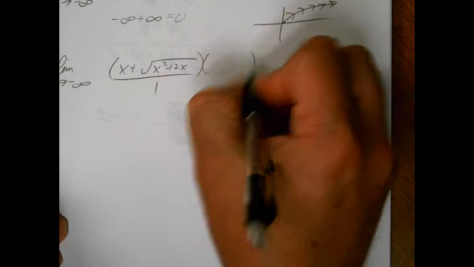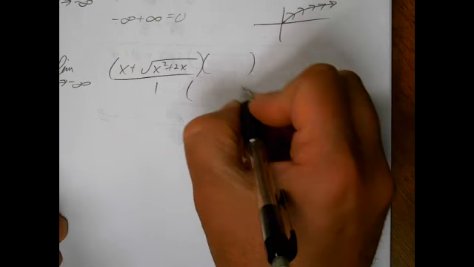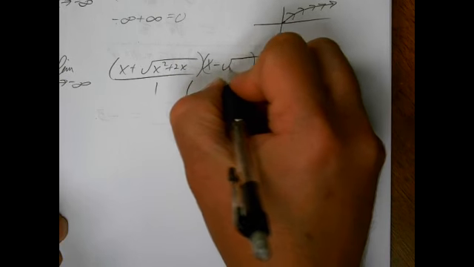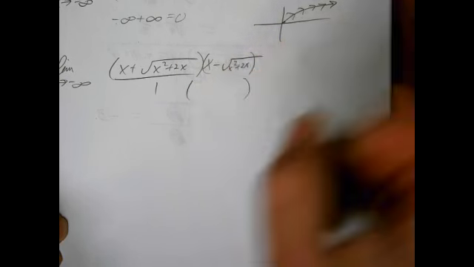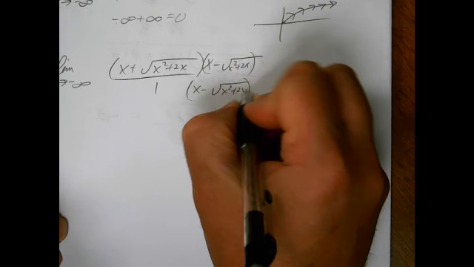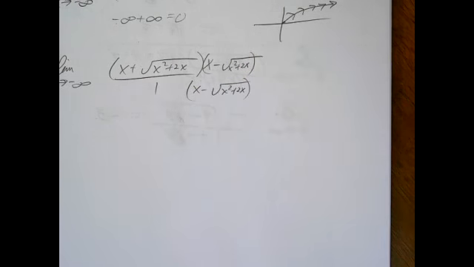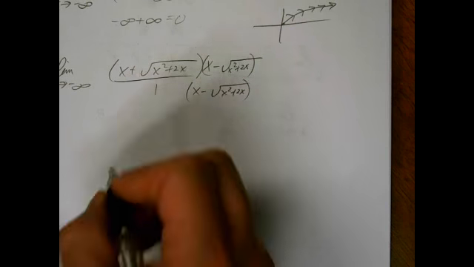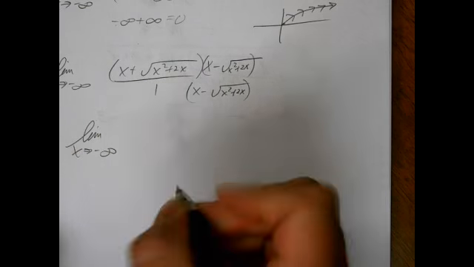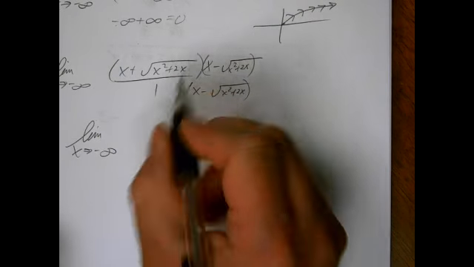I'm going to make it look like a fraction, and I'm going to multiply top and bottom by the conjugate. Okay, all right, here we go. So now what happens? On top, first times first is x squared.